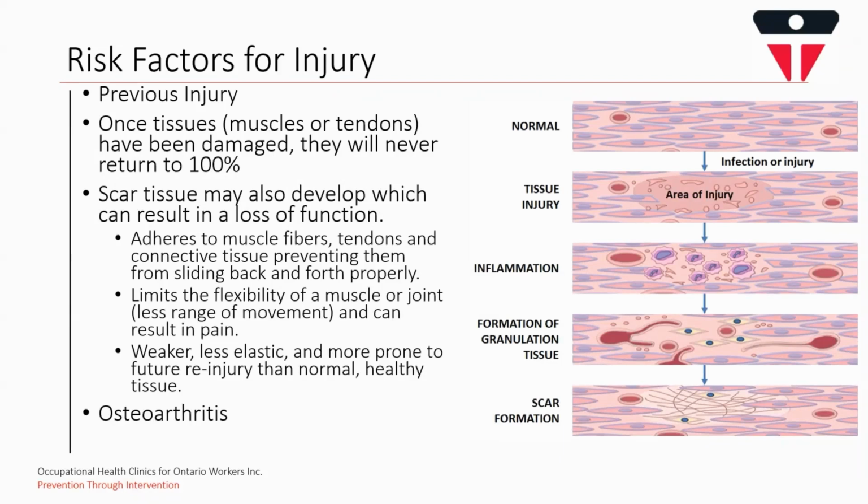Scar tissue also limits the flexibility of a muscle or joint, resulting in less range of motion, and can also have an effect of pain. Scar tissue is also weaker, less elastic, and more prone to future re-injury than normal healthy tissue. And another previous injury would be osteoarthritis.